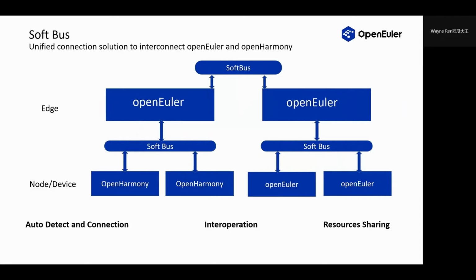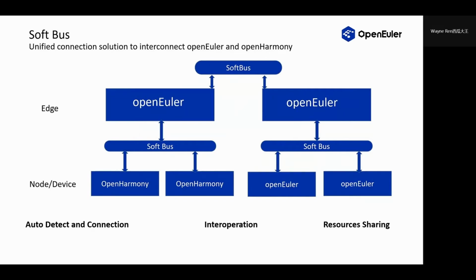Okay, softBus. There is no doubt that connection is the top word in embedded systems facing the trend of IoT. In fact, softBus here is a collection of networking technology coming out of our brother community, OpenHarmony.